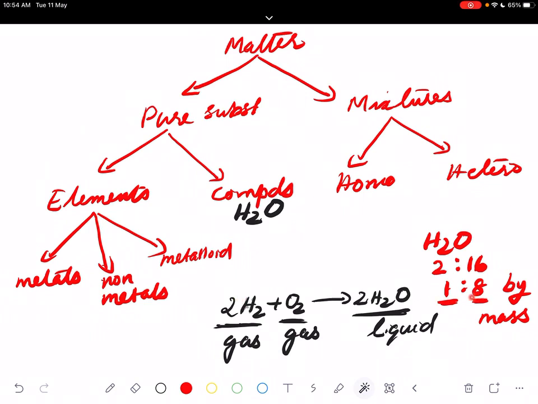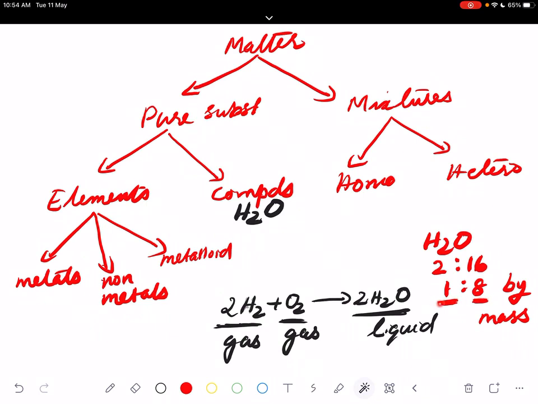To make this compound, elements combine in a fixed ratio. You take water from any country, from America, Africa, Australia, and you will see hydrogen and oxygen are combined in the ratio 1 is to 8.